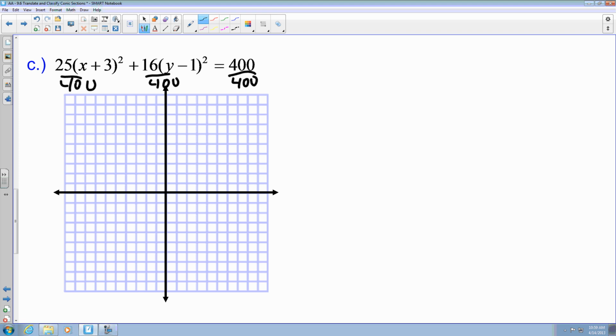So I got (x plus 3) quantity squared over 16 plus (y minus 1) quantity squared over 25, and this is going to equal 1.